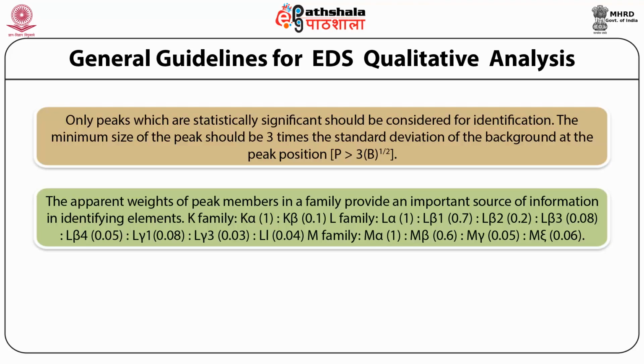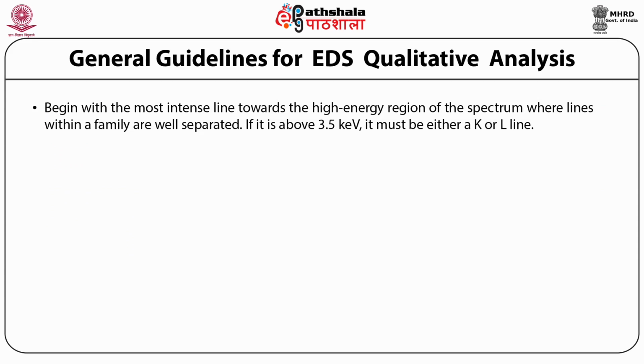And M family: M alpha 1, M beta 0.6, M gamma 0.05, and M zeta 0.06.